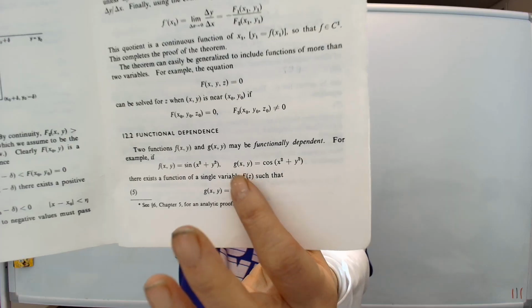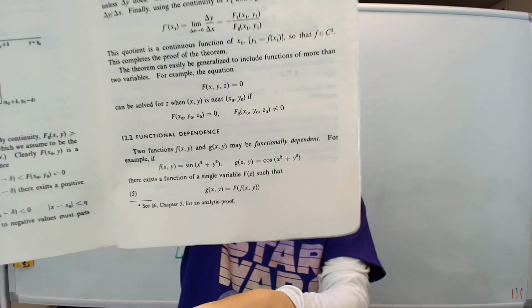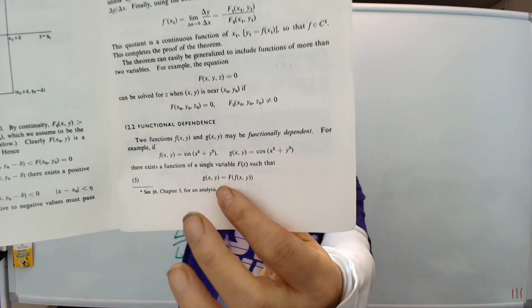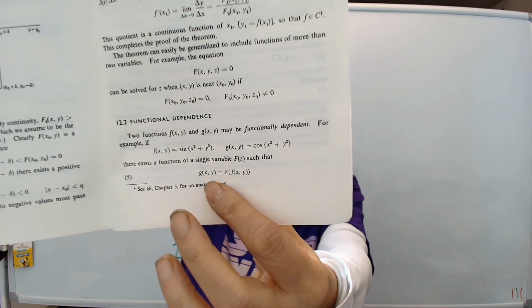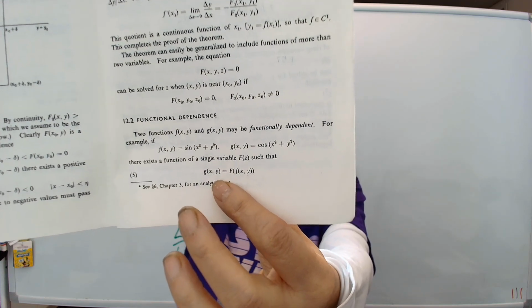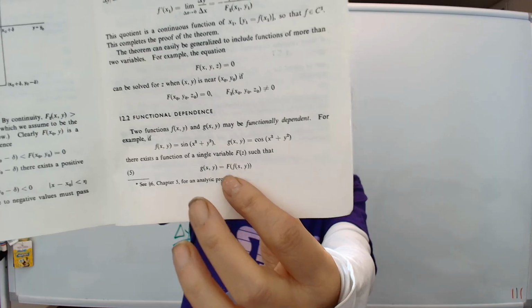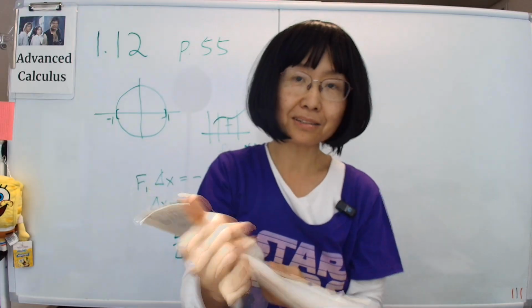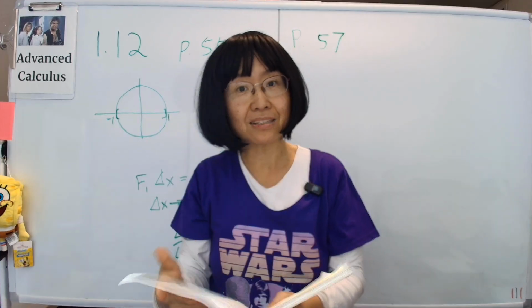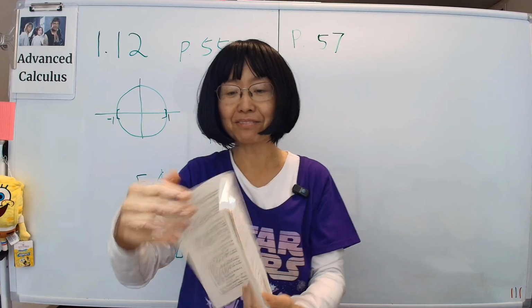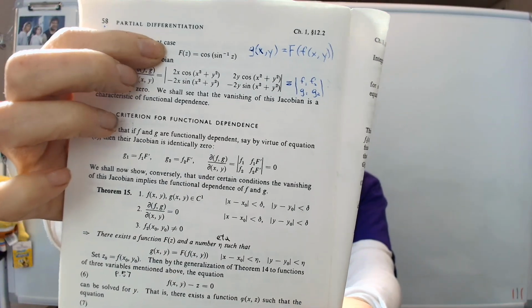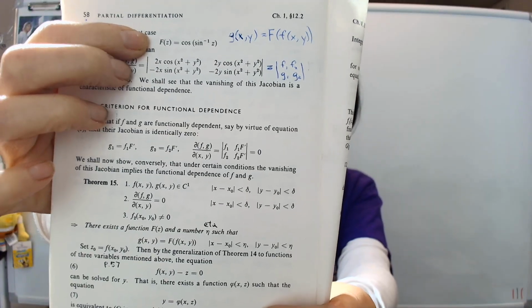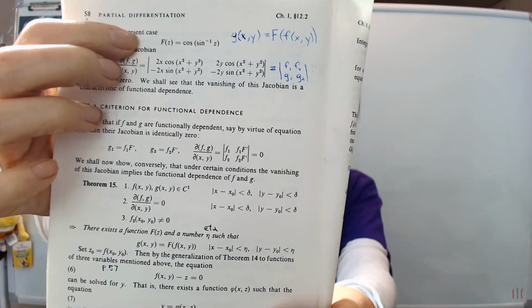Then there is a big function F of z, of only one variable, such that if you put little f into big F, it will come out with g. Just by looking at it, you can see what big F might be. We just take out the cosine and slap on the sine, which is what it says right here: big F equals cosine inverse sine, and that will work.